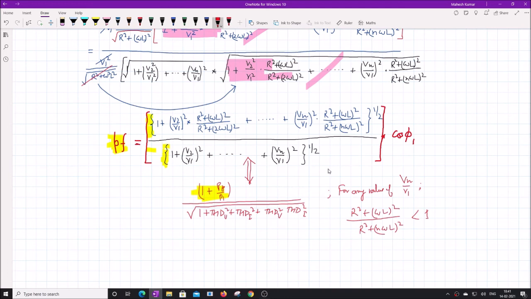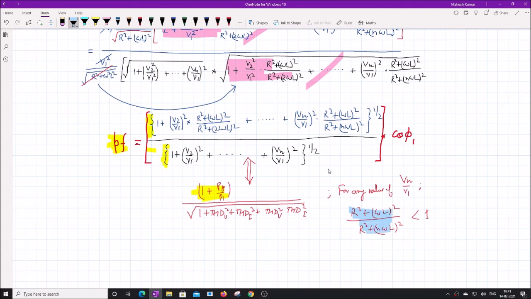Because n is here and n is 2, 3, 4, so obviously the denominator has more value than the numerator. And therefore this factor is less than 1.